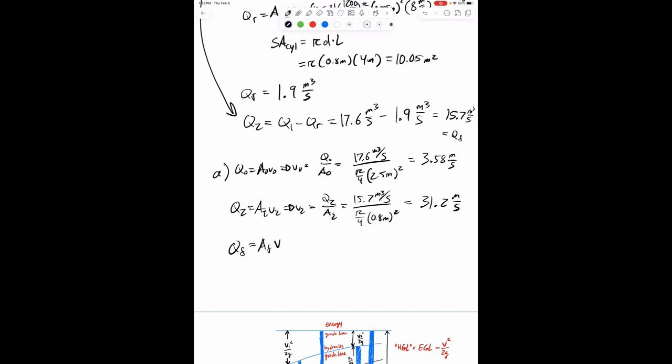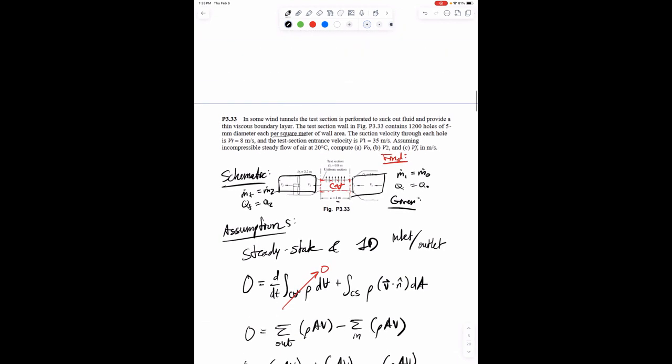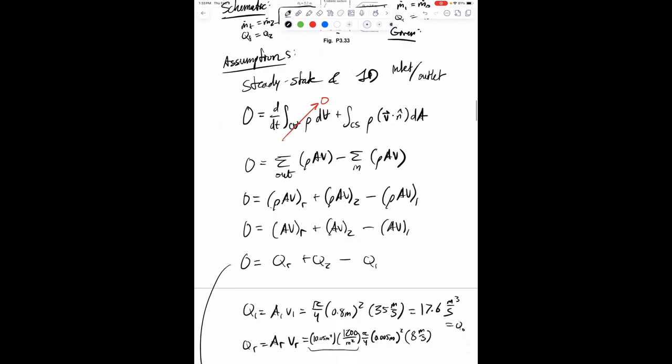Finally, at the fan, volumetric flow rate at the fan is the cross-sectional area at the fan times velocity at the fan. Velocity at the fan is equal to QF over AF, which is 15.7 cubic meters per second divided by pi over 4 times the diameter at the fan location squared. Diameter here is 2.2 meters.